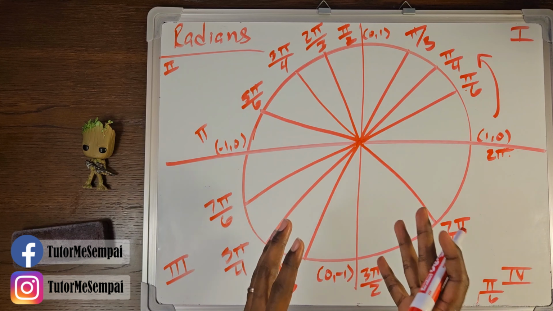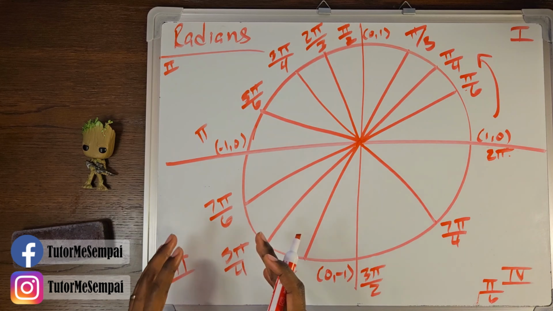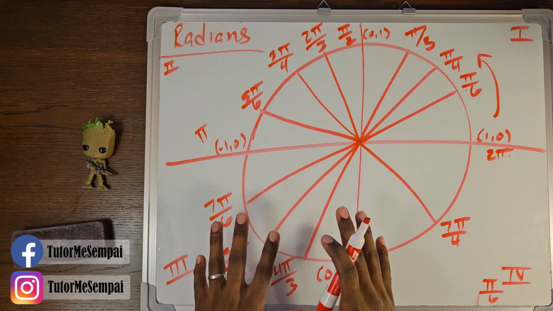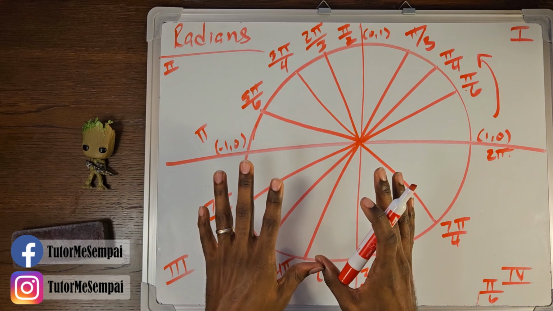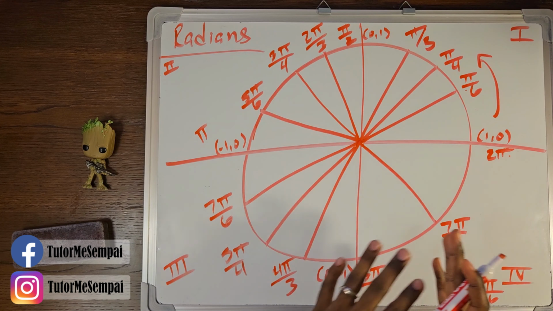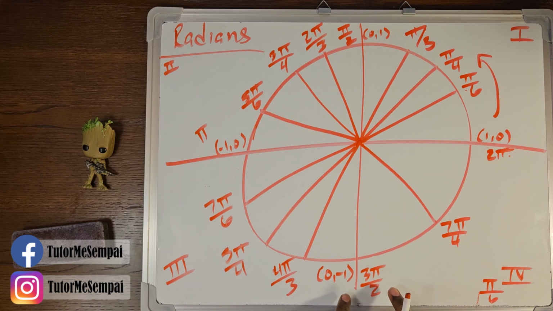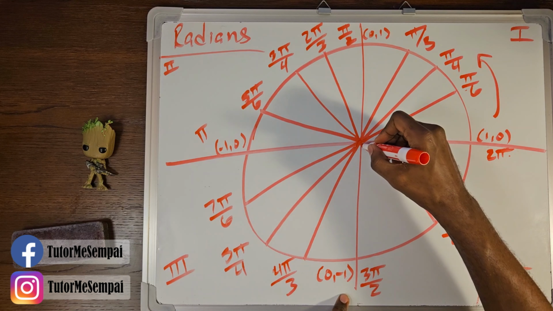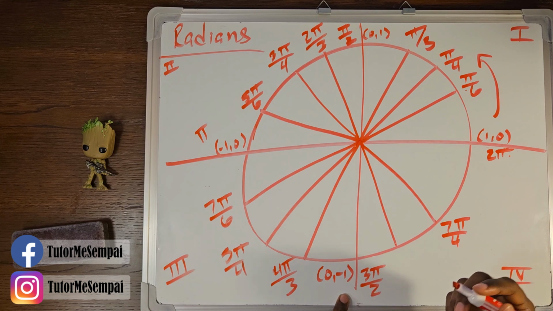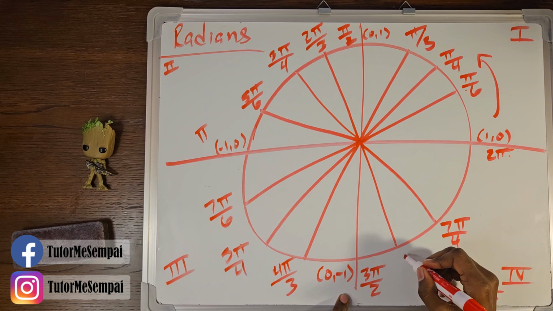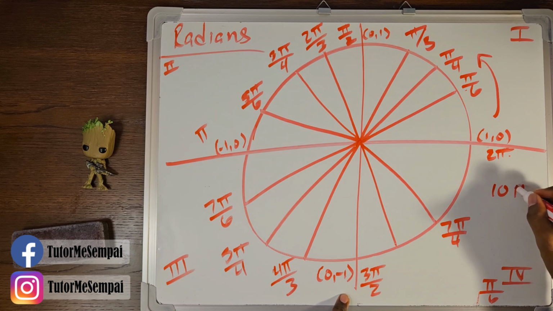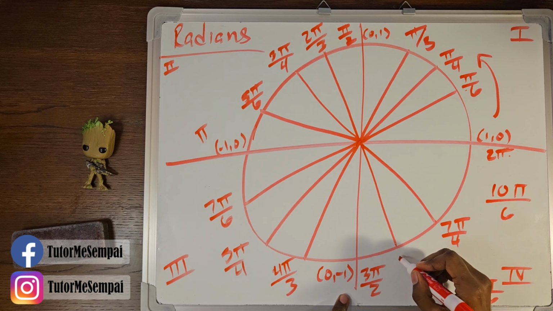Now, this may seem a bit confusing with the simplifying during the creation. So if that's confusing to you, don't do it. Create it, then simplify it. So this was what again? 9 pi over 6. So this is going to be 10 pi over 6, which you can simplify to what? 5 pi over 3.